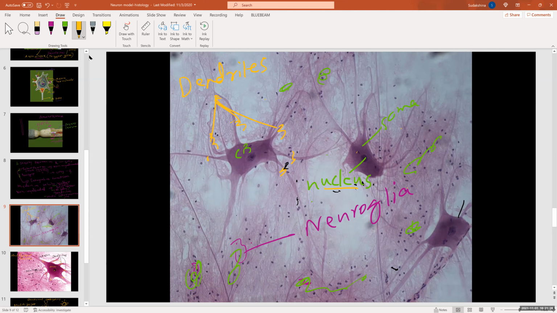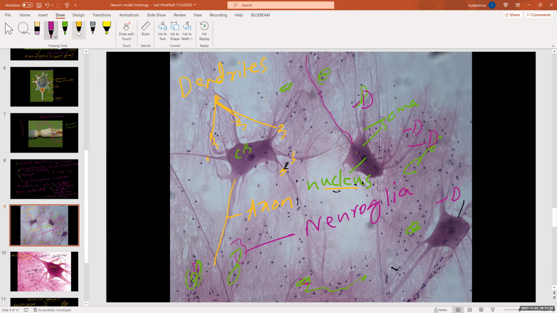And look at this one long extension here, axon. Similarly, look at this, dendrite, dendrite, dendrite, dendrite, dendrite. This long one here likely could be an axon.